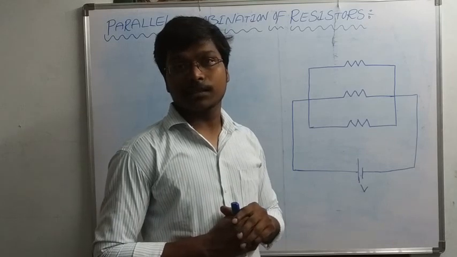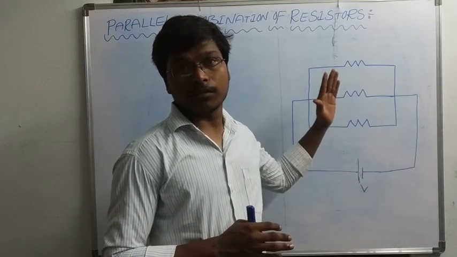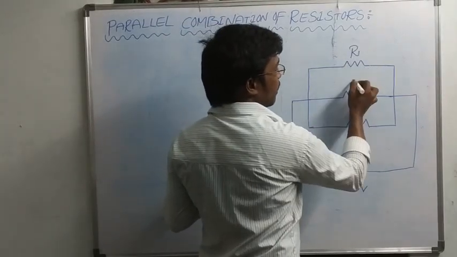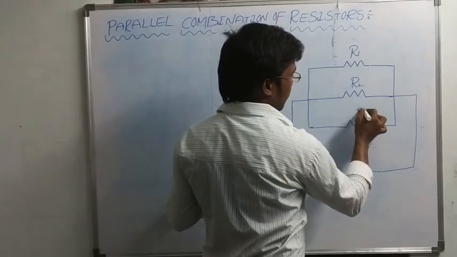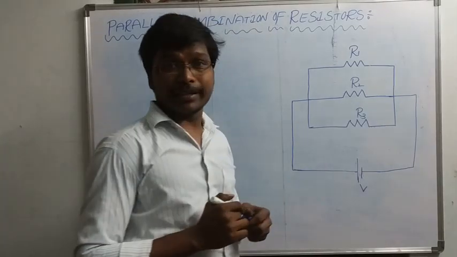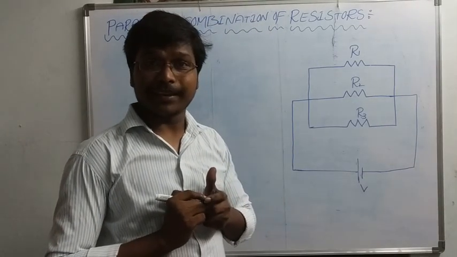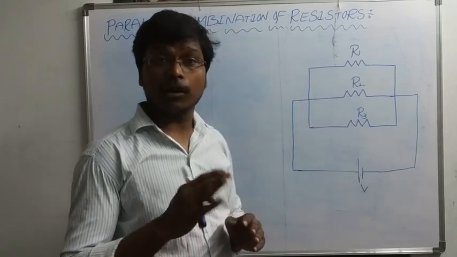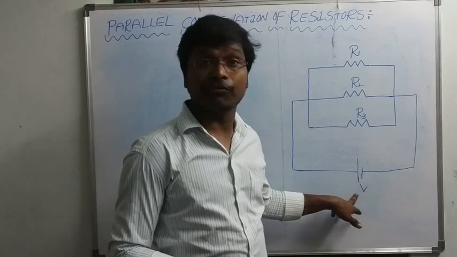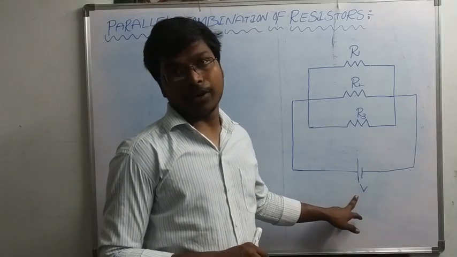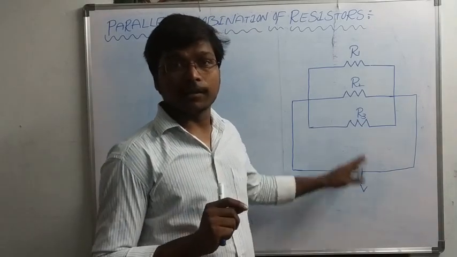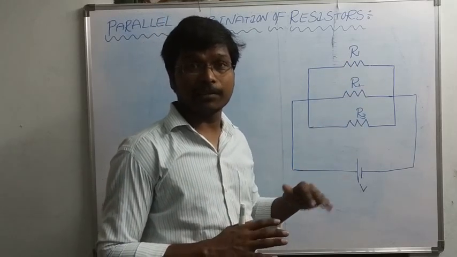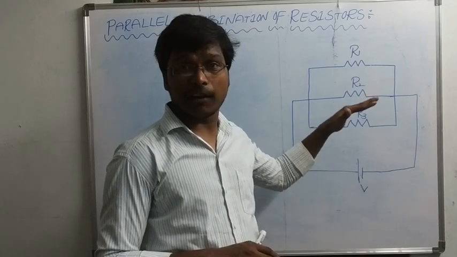The resistances of the resistors are R1, R2, R3, and the total voltage of the battery is V. And these 3 resistors are connected in a parallel format.